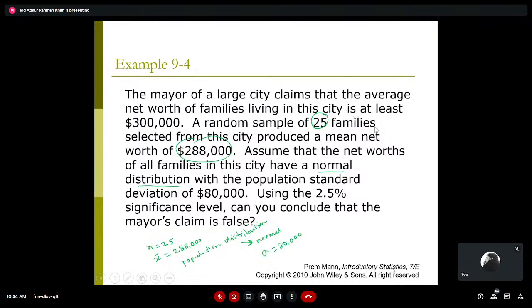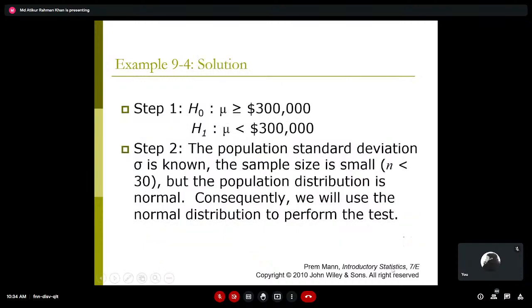At least, H not greater than or equal to 300. Excellent. So that is your null hypothesis, and the alternative is then the opposite. So you have your null and alternative hypotheses.